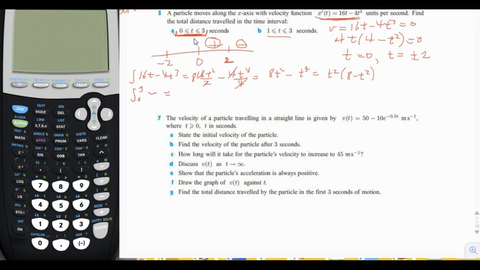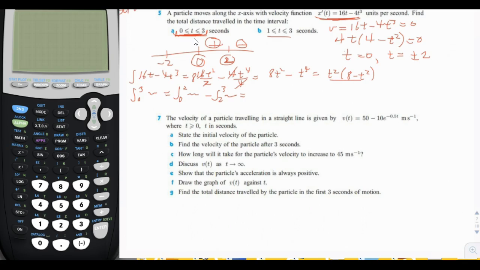We need to divide it up into 0 to 2, when the velocity is positive, and 2 and above, which is when the velocity is negative. So we're going to do 0 to 2, and then minus from 2 to 3, because the 2 to 3 section is a negative area, so we want to take the negative of that.